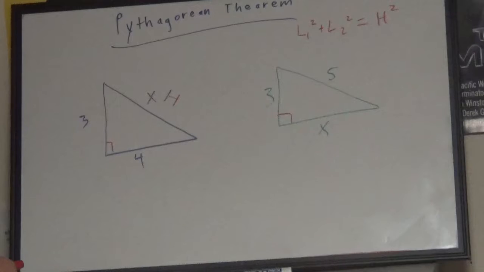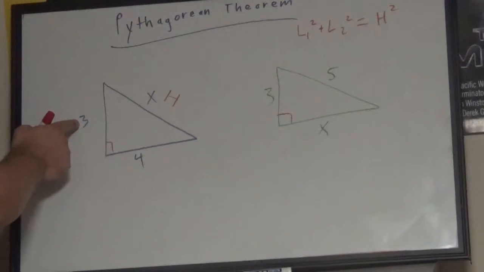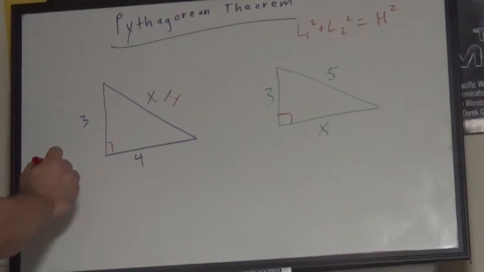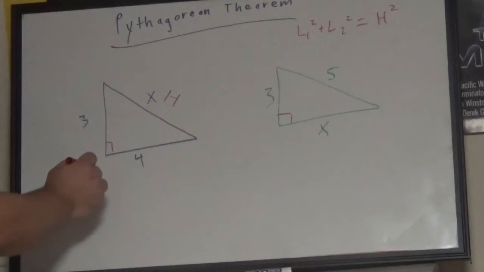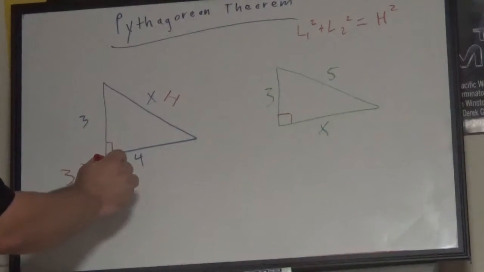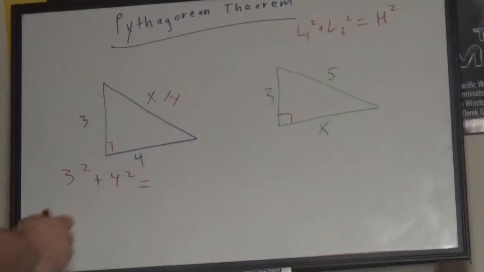When you are missing the hypotenuse, you're trying to find the hypotenuse, you're going to take one leg and square it, plus the other leg and square it, and you'll find the square of your hypotenuse.